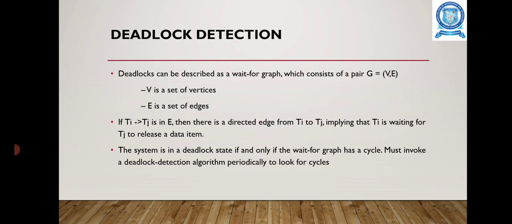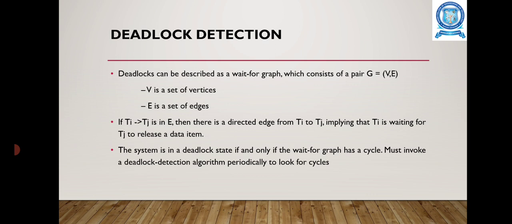Deadlock detection. How to detect the deadlock? Deadlocks can be described as a wait-for graph, which consists of a pair G equal to (V, E). V is a set of vertices, E is a set of edges. If Ti to Tj is in E, then there is a directed edge from Ti to Tj, implying that Ti is waiting for Tj to release a data item.